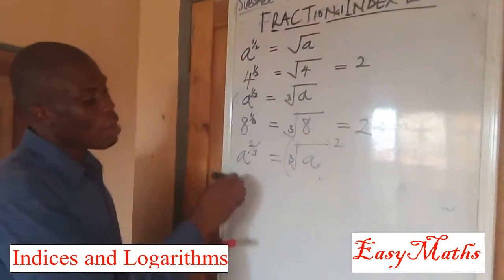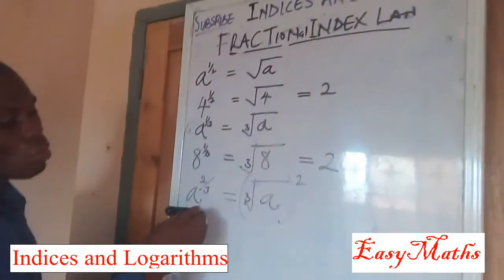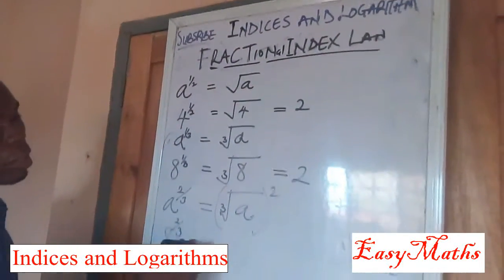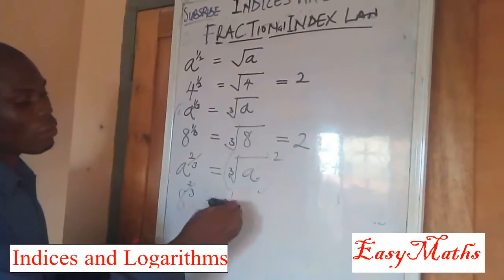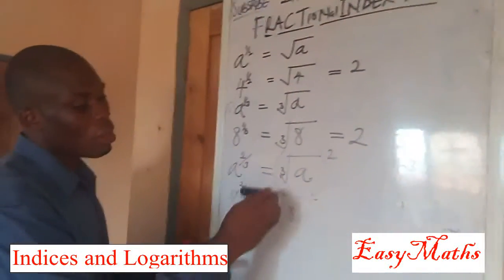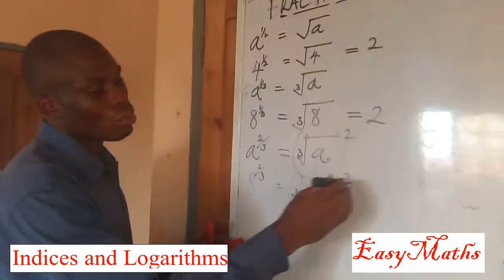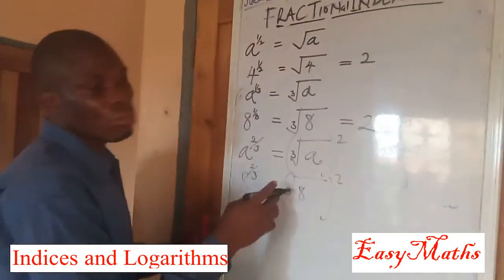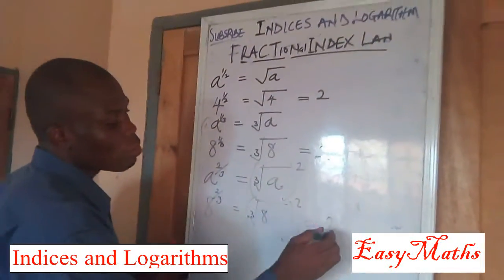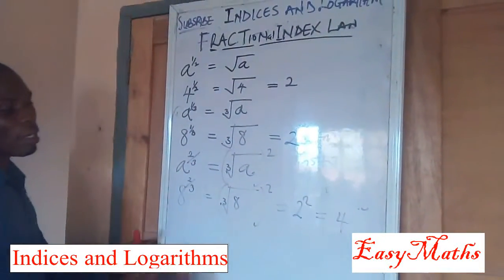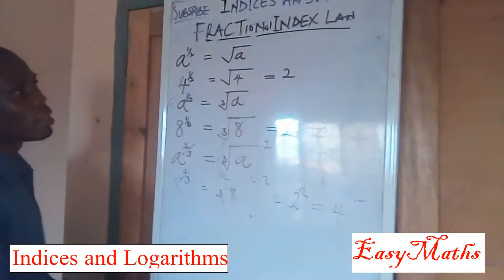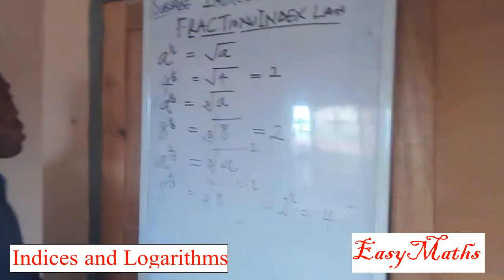So if you have 8 raised to power 2 over 3, this will give us the third root of 8 all raised to power 2. I know the third root of 8 is 2, so you raise it to power 2. That will give you the answer 4.